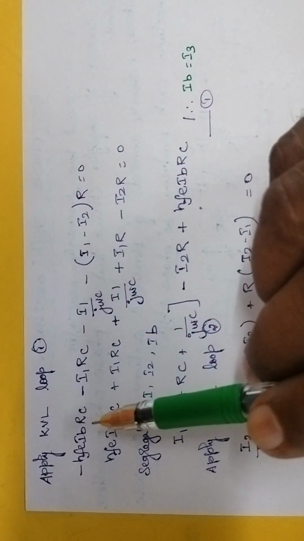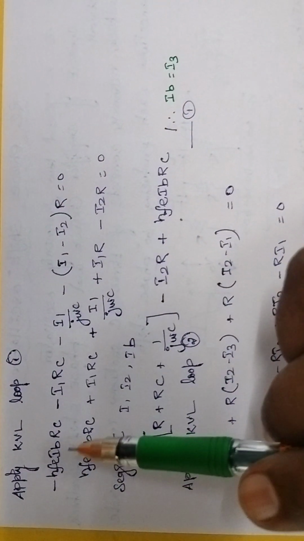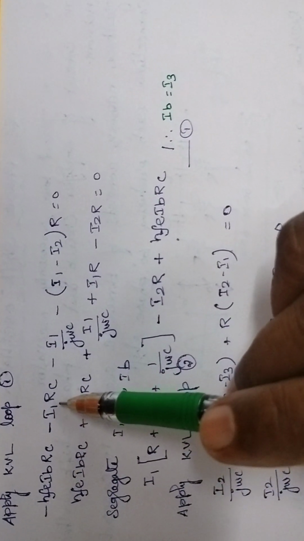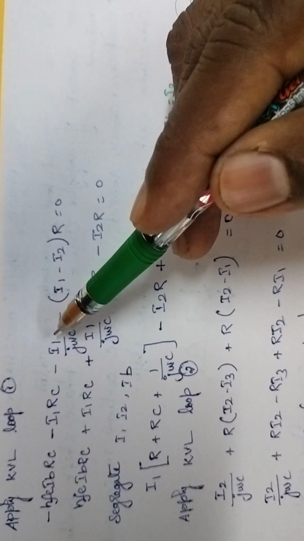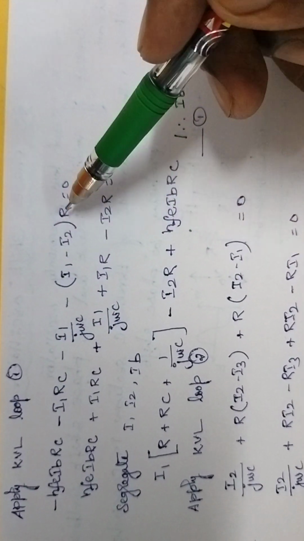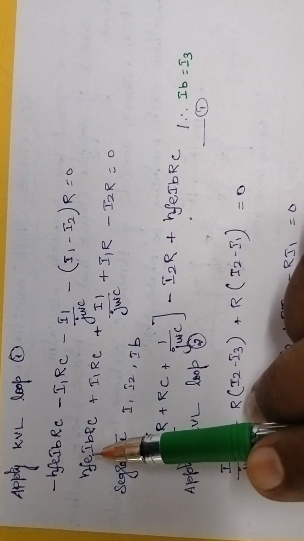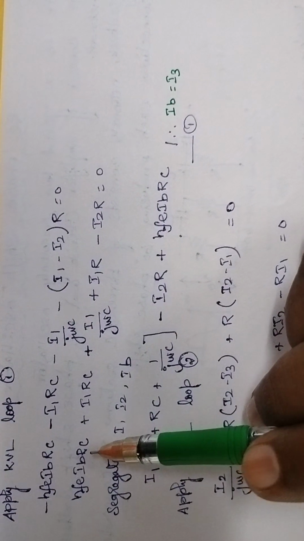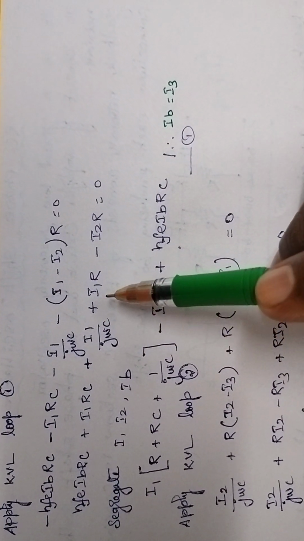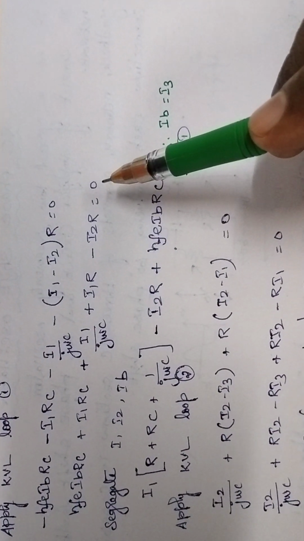To calculate the loop current, apply KVL to loop 1. Then we get the equation: minus hfe IB RC minus I1 RC minus I1 divided by j omega C minus (I1 minus I2) into R equals 0. From this we get hfe IB RC plus I1 RC plus I1 over j omega C plus I1 R minus I2 R equals 0.